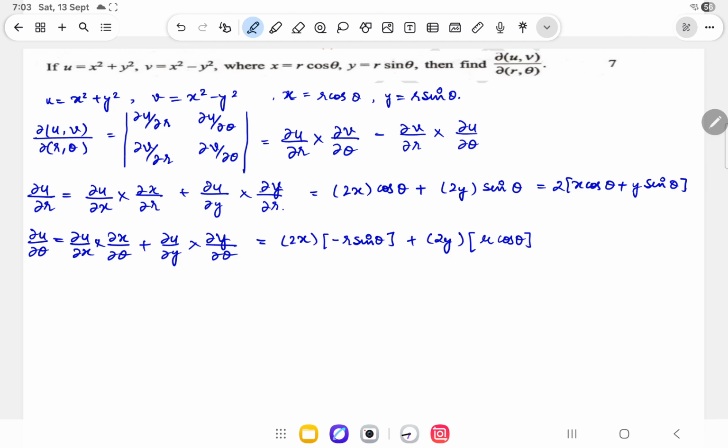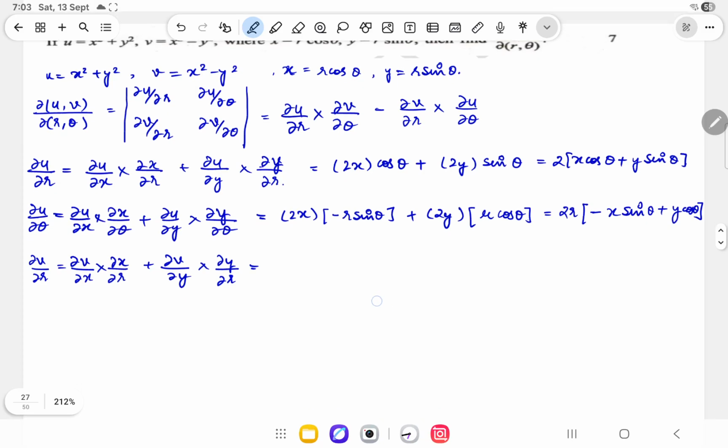So if I simplify it, I can take 2r as common and I'll be getting minus x sin theta plus y cos theta. Now let's calculate the value of del v by del r. So del v by del r is equal to del v by del x into del x by del r plus del v by del y into del y by del r.